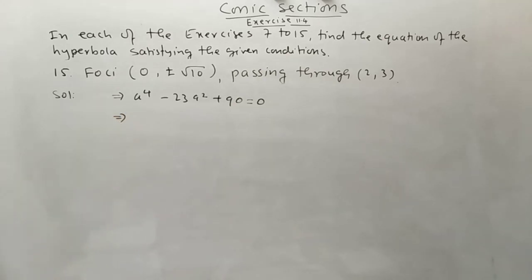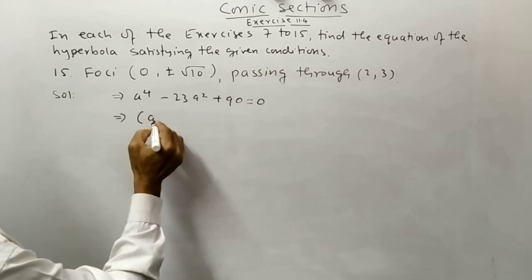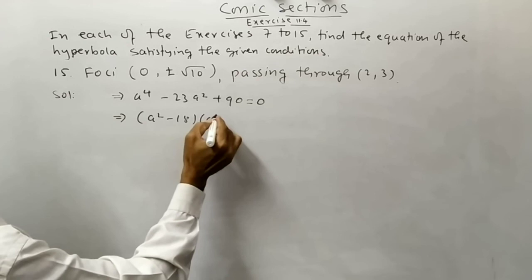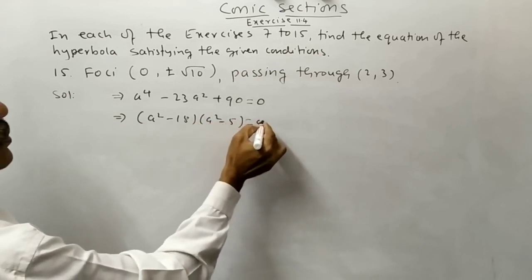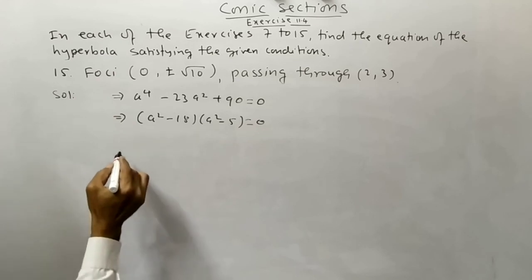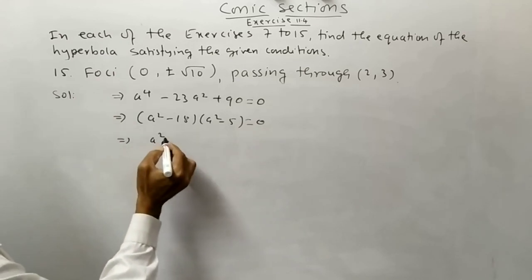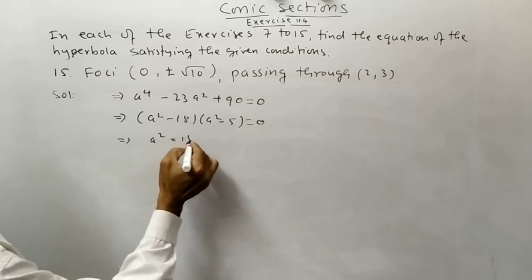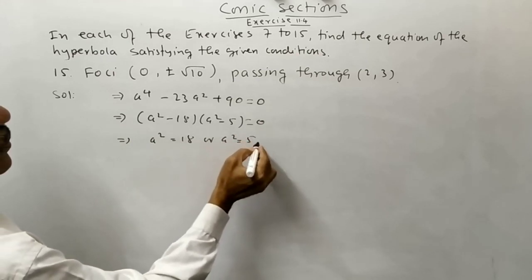This implies a square minus 18 into a square minus 5 is equal to 0. This implies a square is equal to 18 or a square is equal to 5.